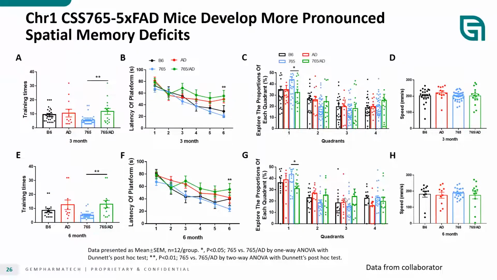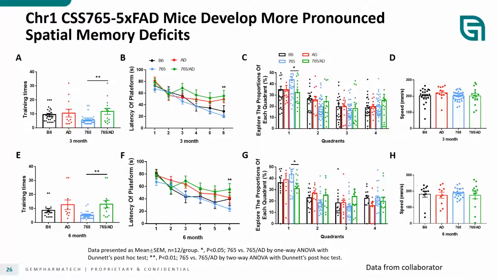When this consomic strain was crossed with the 5XFAD mouse model, and tests were run, interestingly, we saw that the 5XFAD with the chromosome 1 consomic from wild mice actually performed a little bit worse than the wild type animals, and worse than the consomics on their own.